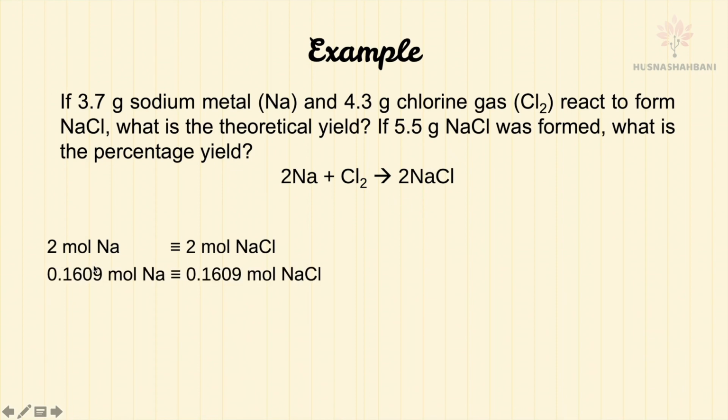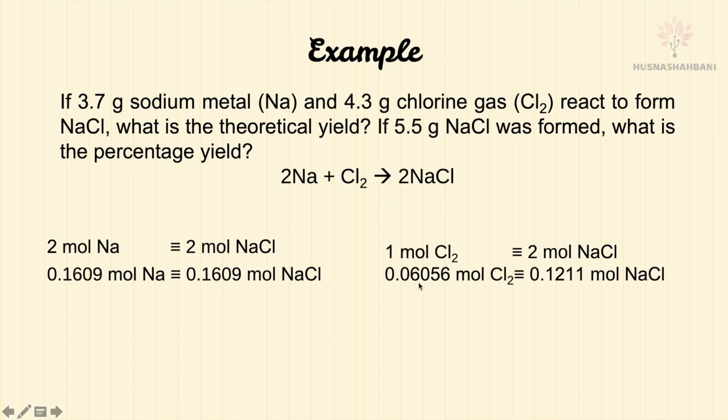So we have the actual number of moles of sodium, 0.1609 mole, equivalent to 0.1609 mole of sodium chloride. 1 mole of chlorine is equivalent to 2 mole of sodium chloride. 0.06056 mole of chlorine produces 0.1211 mole of sodium chloride.